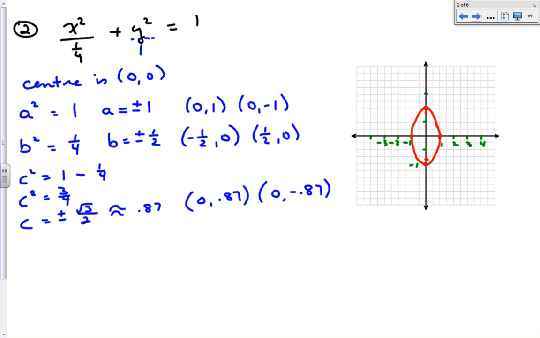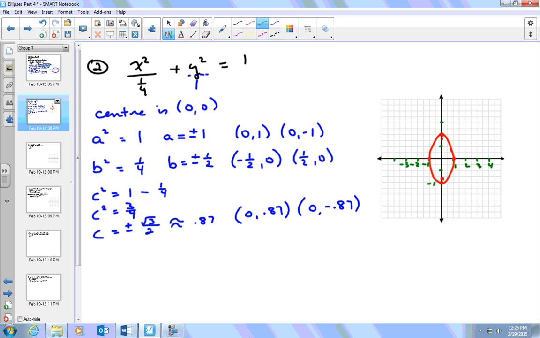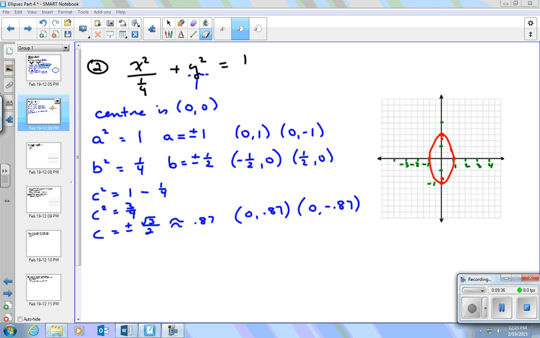Did I do that correctly? No, I did that. I'm going to press pause here and just think this through a second, okay? Okay, the mistake I made here is in labeling these.